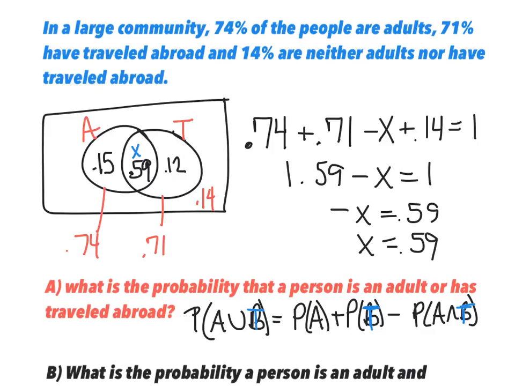So the probability that I'm an adult is 0.74, plus the probability I traveled abroad is 0.71, minus the probability I'm in both is 0.59. And I get a total of 0.86.